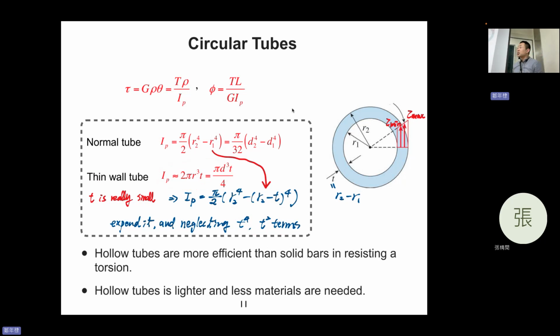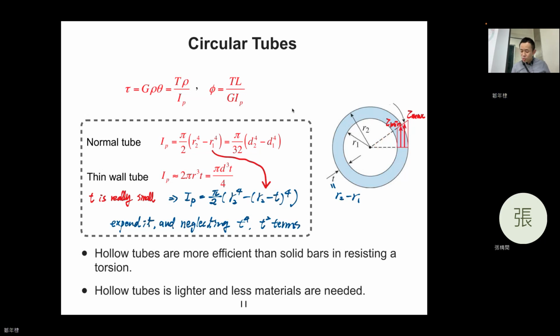Then you will notice, when you talk about efficiency, when you are a boss or a company, you want to save material cost, so you typically use a tube rather than a solid bar. Because you can notice that the tau in the inner region is quite small, the values there are really small.